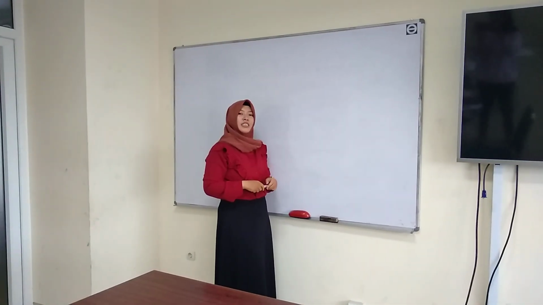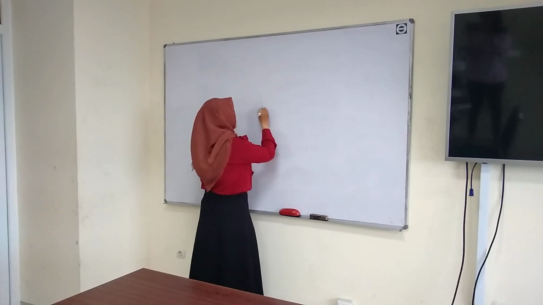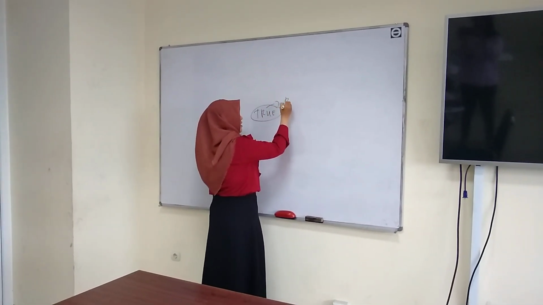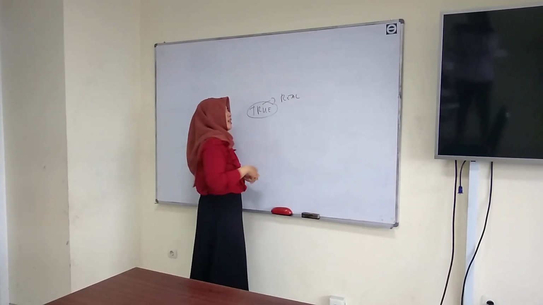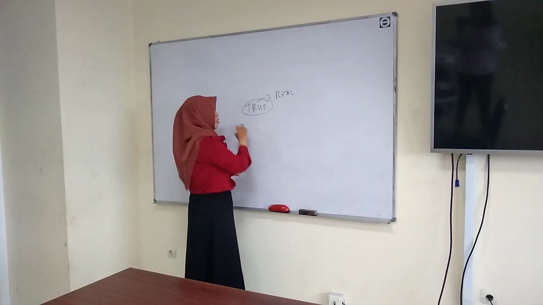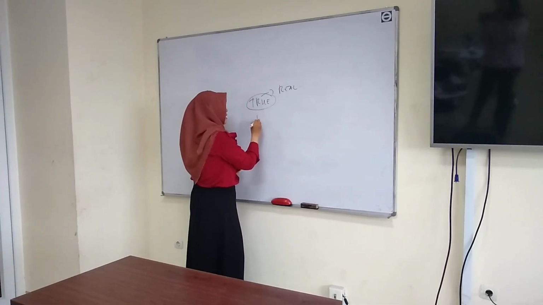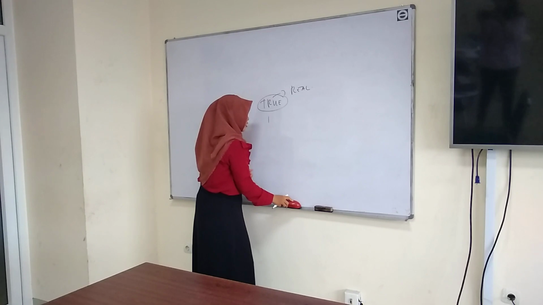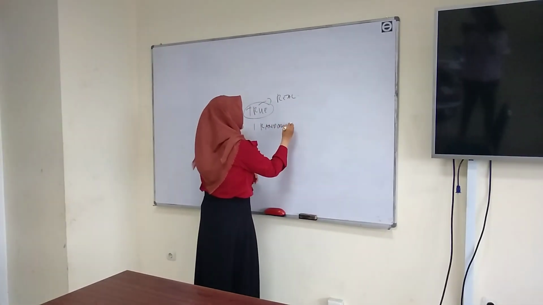And lastly, we have the true experimental research design. The true, we can define it as the real or most appropriate design to be applied in experimental research. This true experimental design has three characteristics, and the first one is that this design uses random sampling.